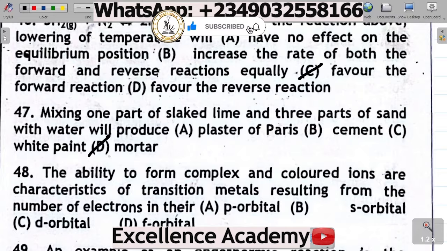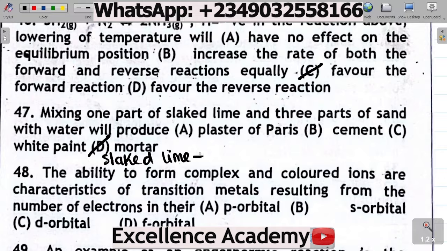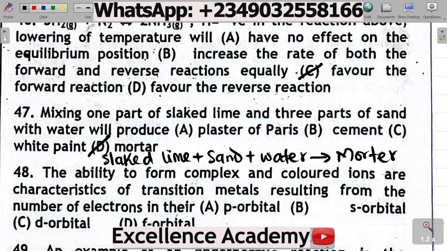You want to know that slaked lime plus sand plus water, when all of these are combined, it will give you mortar. What you have there is mortar. So that's what will be formed.